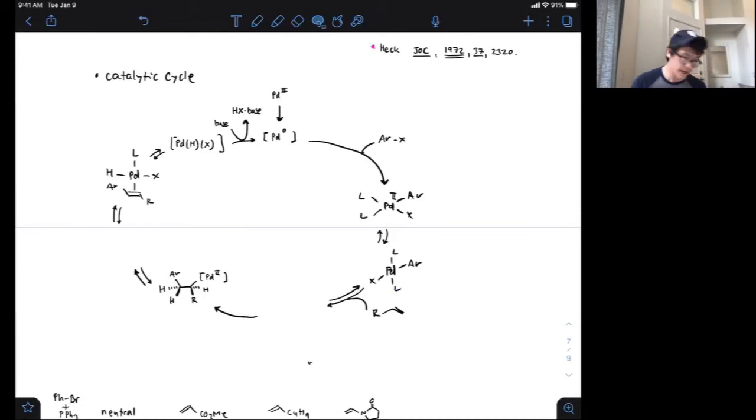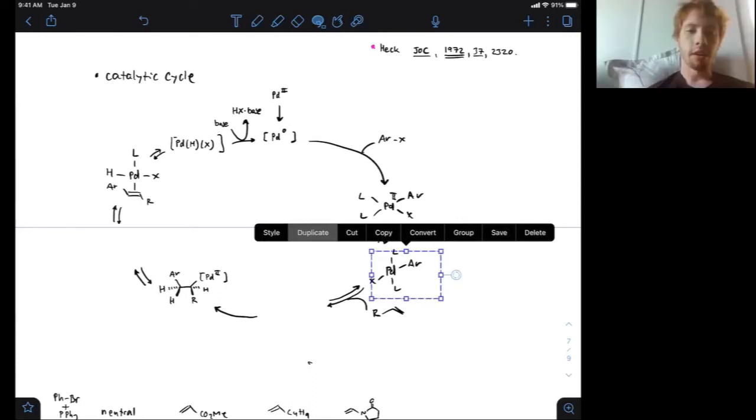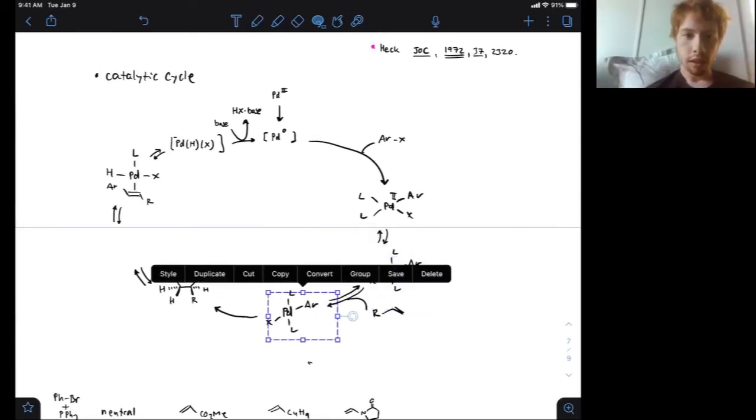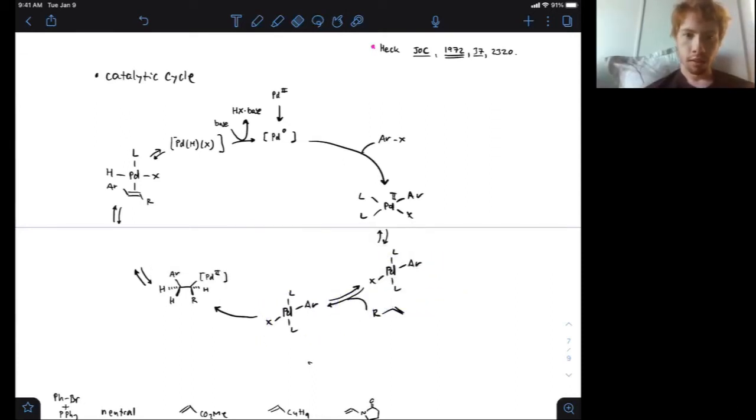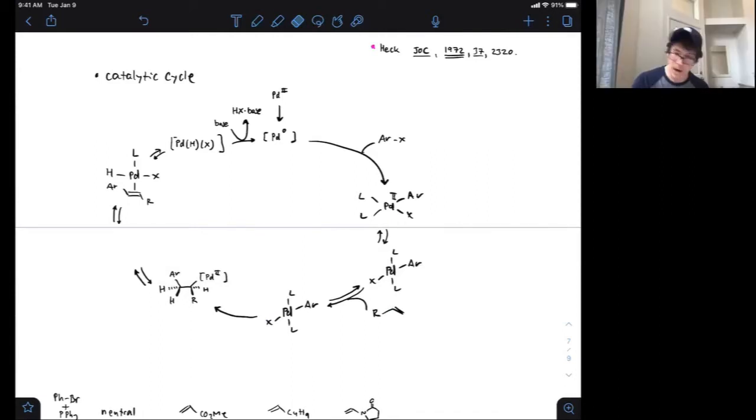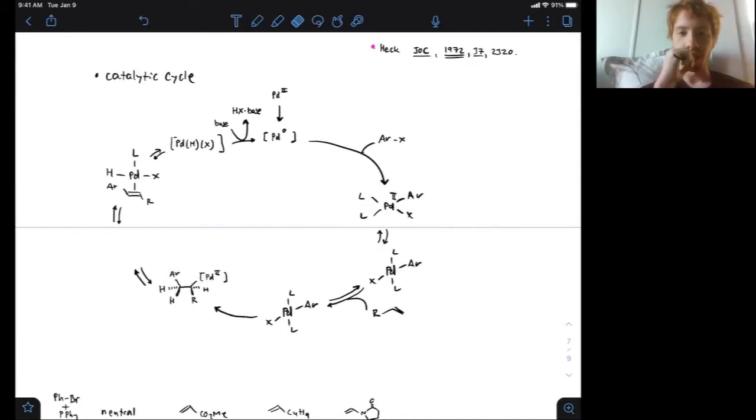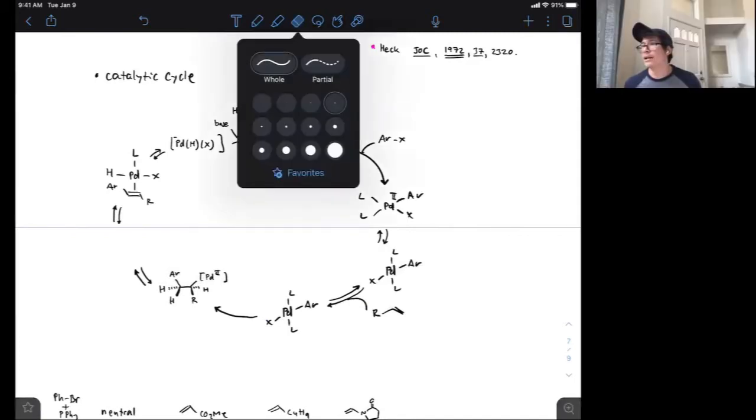And now we have alkene coordination. What ligand is the alkene going to coordinate here, Daniel? Or displace? Okay, yeah. The X. Okay, you have two options here, X or L. Oh, so then is it L? And it's this one.